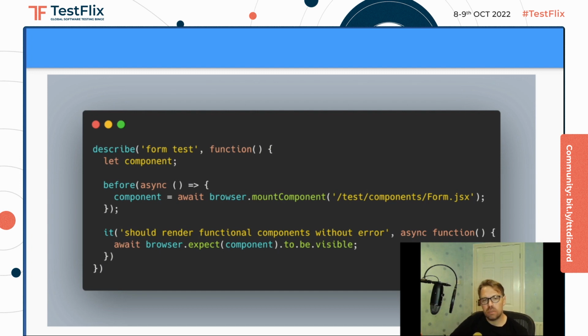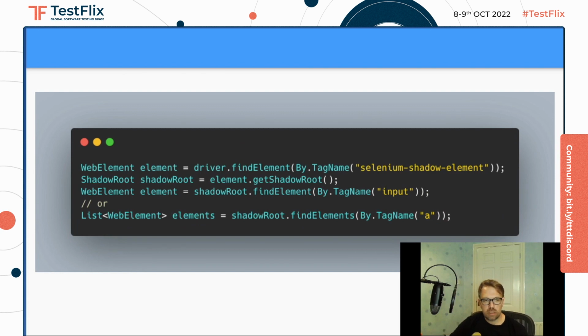But if you don't want to use Nightwatch.js, you can just use straight up Selenium. So in this case we've got just finding elements. You find your shadow element, that's the element that we created through some JavaScript. Just dive into the shadow root. Now one of the things I didn't mention earlier is when you create these shadow roots, they can either be open or closed.